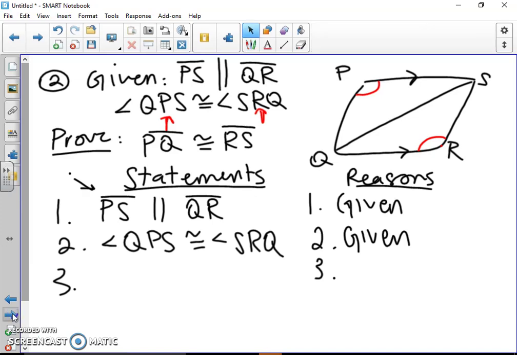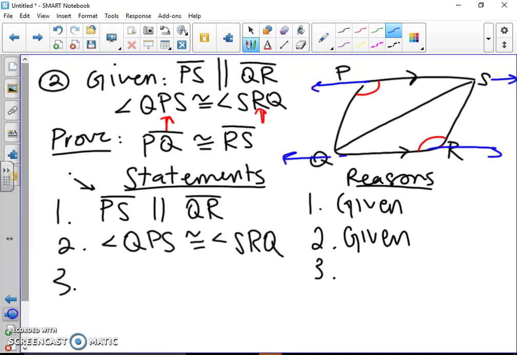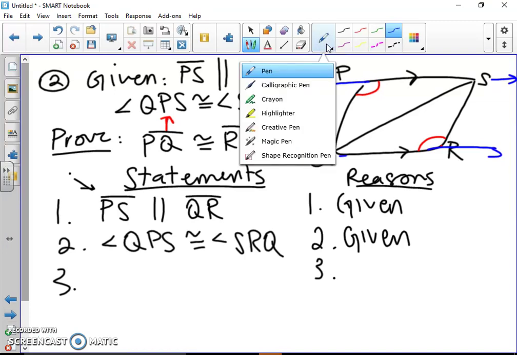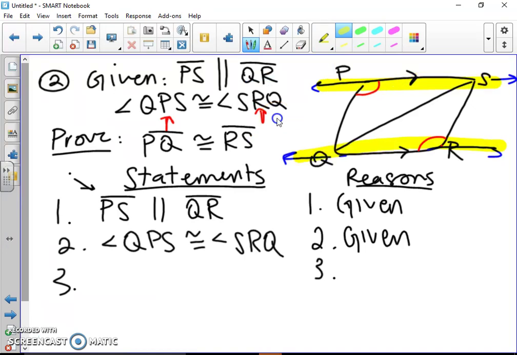PS is parallel to RQ. I like to extend my lines. You don't have to, though. If they're parallel, then we can look at the angles that are formed by those two parallel lines and the transversal. So I'm looking at this, and that transversal, and any angles formed by that.